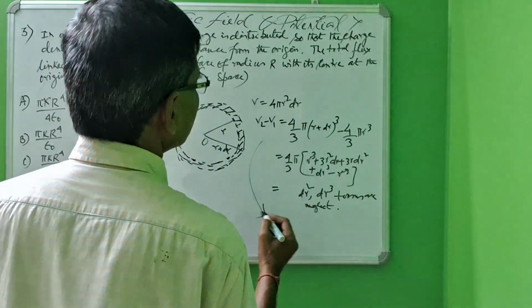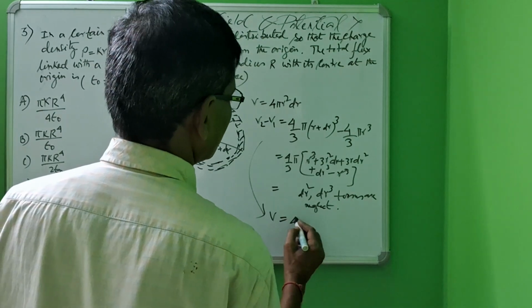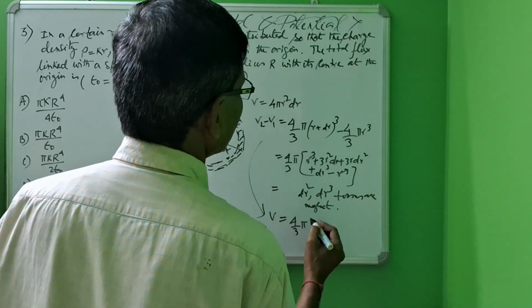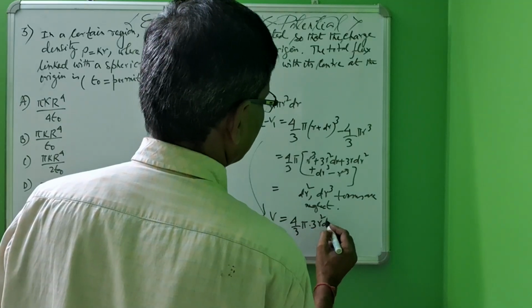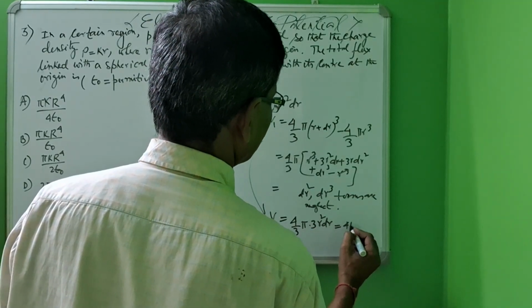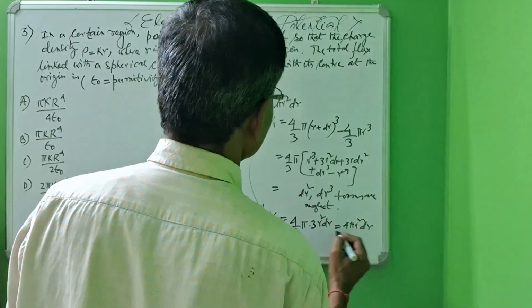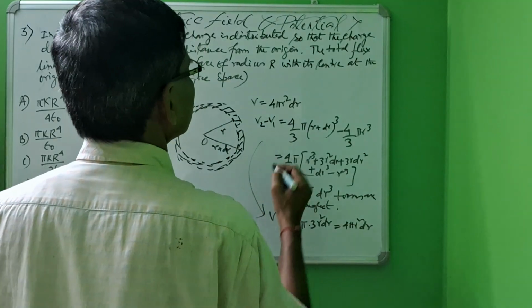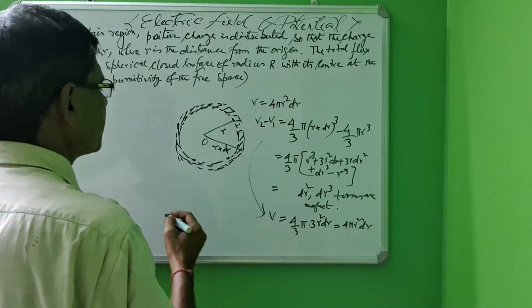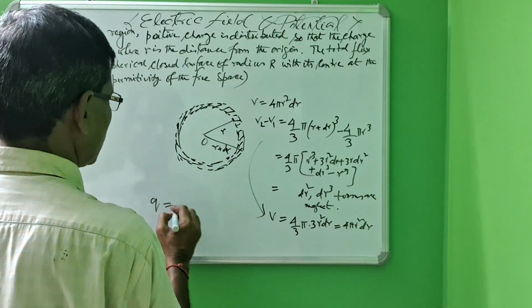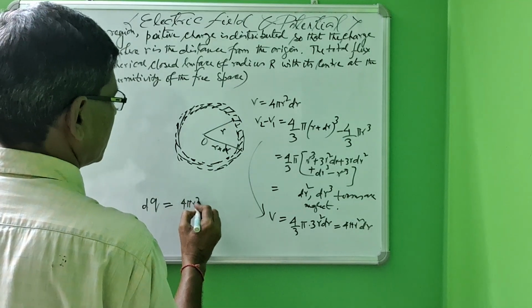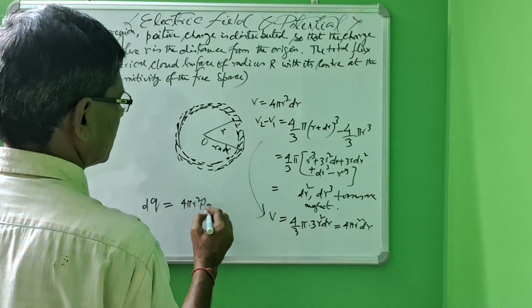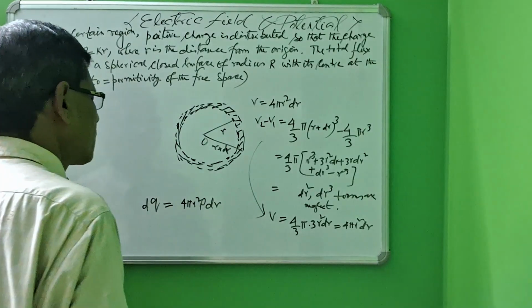So we can write V equals 4/3 pi into 3 r square dr, which equals 4 pi r square dr. So we can write dq as 4 pi r square into rho into dr.